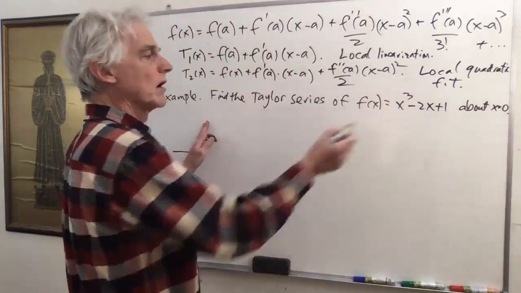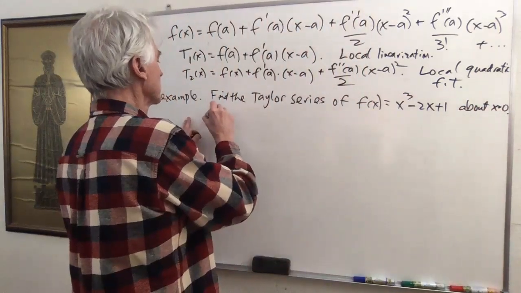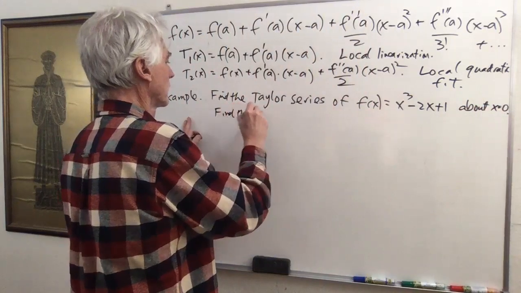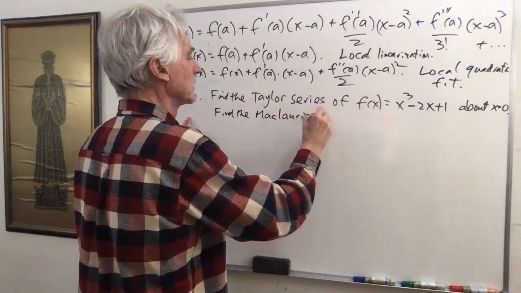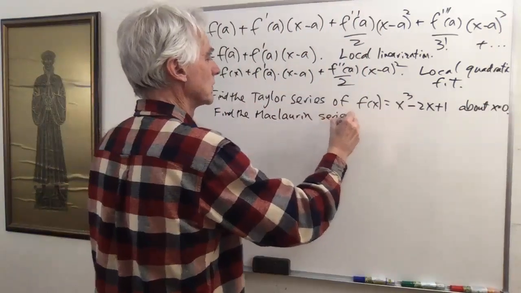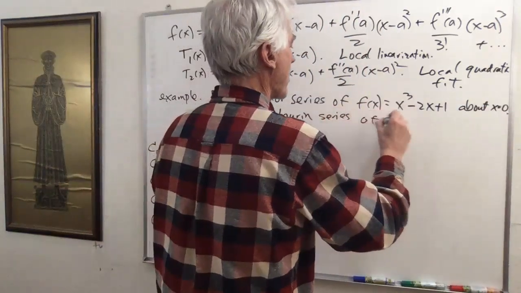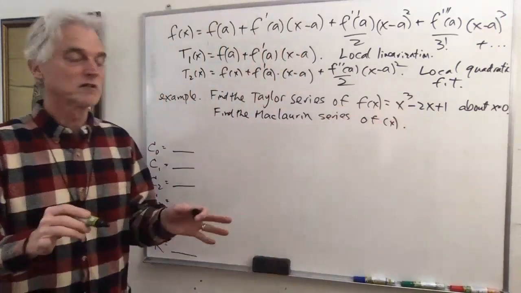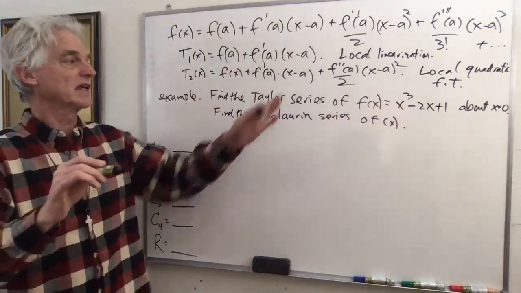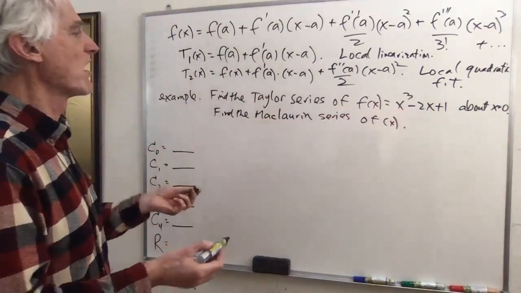This is also called the Maclaurin series, M-A-C-L-A-U-R-I-N series. If we say Maclaurin series, that means the center a is 0. In fact, we almost always do that.